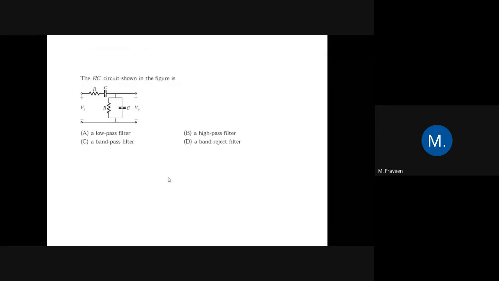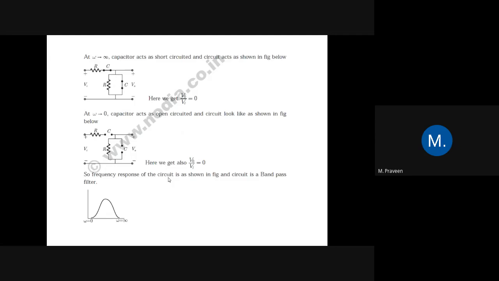The third method is to consider the circuit in terms of DC. Here it is given as VA and V naught, with no indication of AC or DC. If you consider V naught and VA as DC, first we'll take what happens if omega is infinity and what happens if omega is equal to 0. Everyone knows that if omega is infinity, the capacitor will be short circuited.